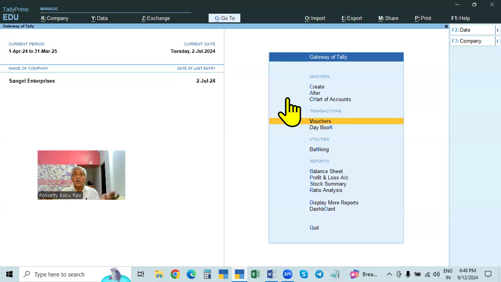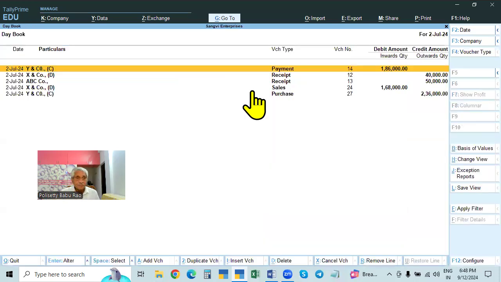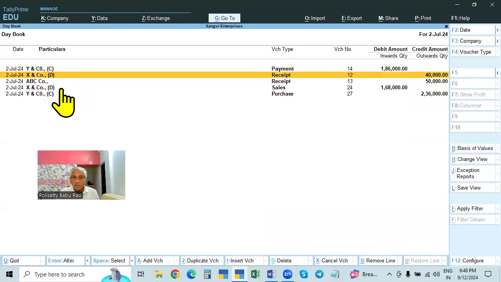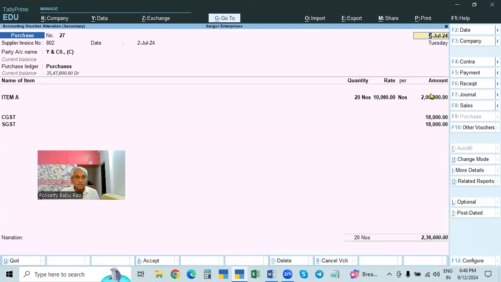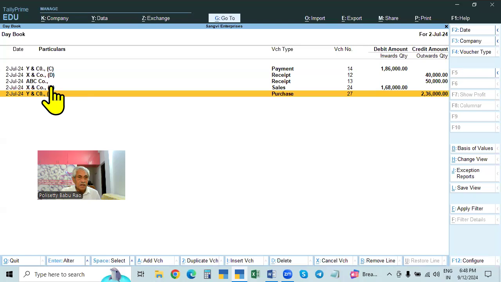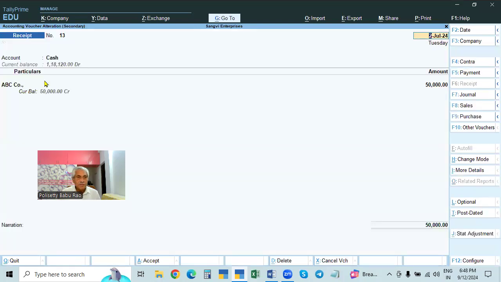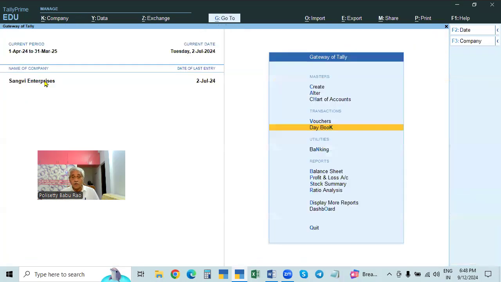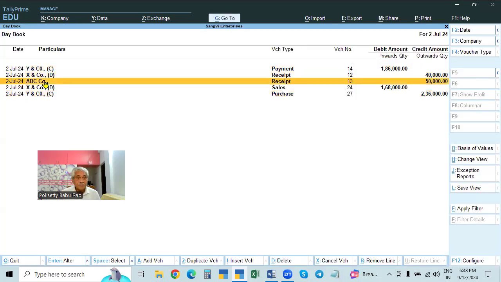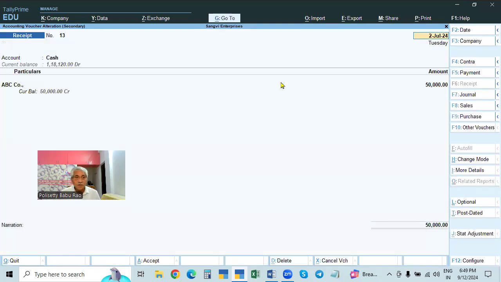In that case, there will be no pending bill, because when you sold the goods, for example here, we sold goods for 2,36,000. I will take up ABC, on account. Now we will do something. For example, here we received money, receipt, cash.